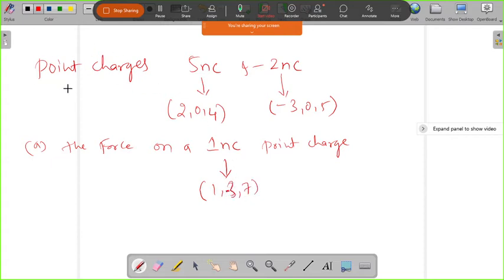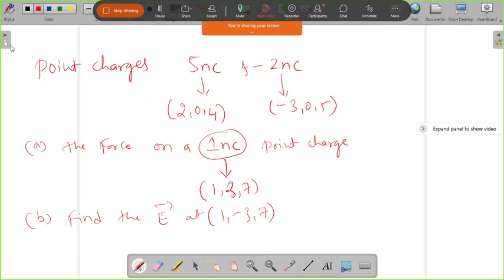So you have to find out the force which is exerted on the 1 nanocoulomb point charge from these two charges, which are located respectively at these coordinates. And also you need to find out the electric field. Find the electric field E at (1, minus 3, 7), where the 1 nanocoulomb charge is located.